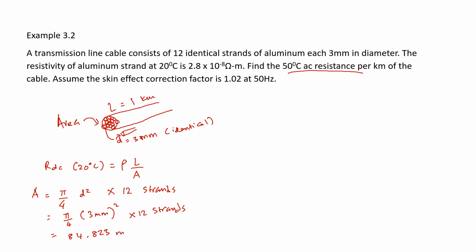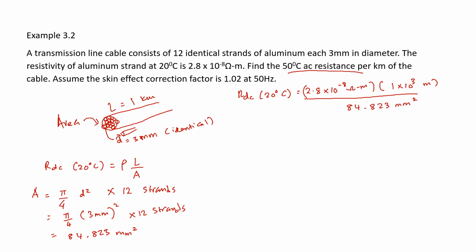We get here the area of the conductor is equal to 84.823 millimeter square. And if we put this value into the formula, the DC resistance at 20 degrees Celsius is equal to 2.8 × 10^-8 ohm meter multiplied by 1 kilometer divided by the area, which is 84.823 mm square.